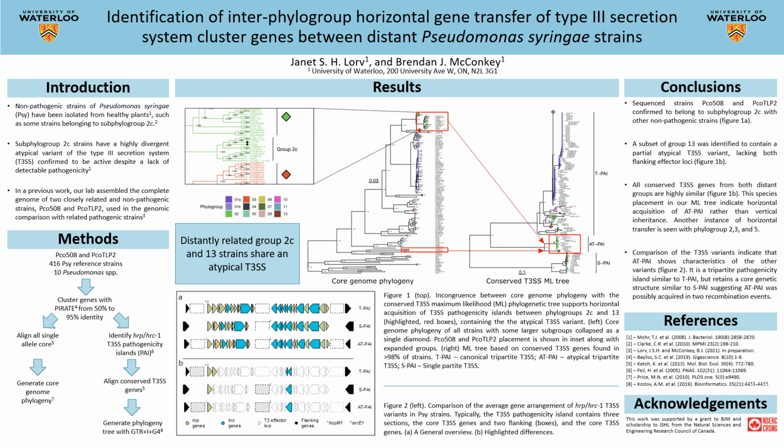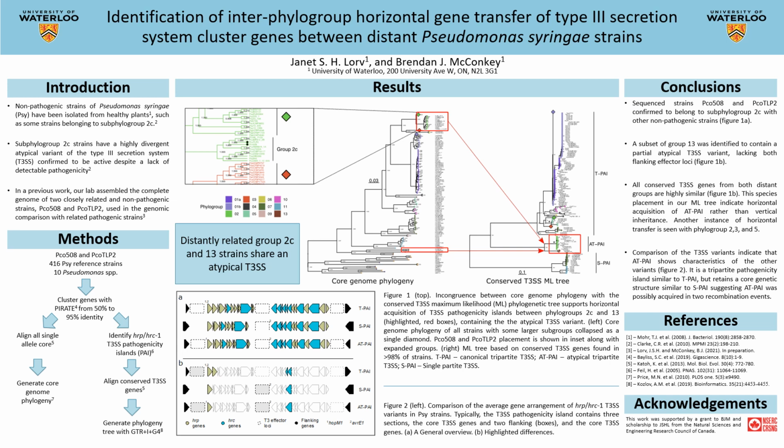On the other hand, the tree on the right is the conserved type 3 secretion system maximum likelihood tree. The tree topology indicates that all three variants are distinct from one another, grouping into three separate groups. And despite the fact that both the canonical and the atypical variants share the same tripartite arrangement, which you can see in figure 2, there is low sequence similarity between the two.